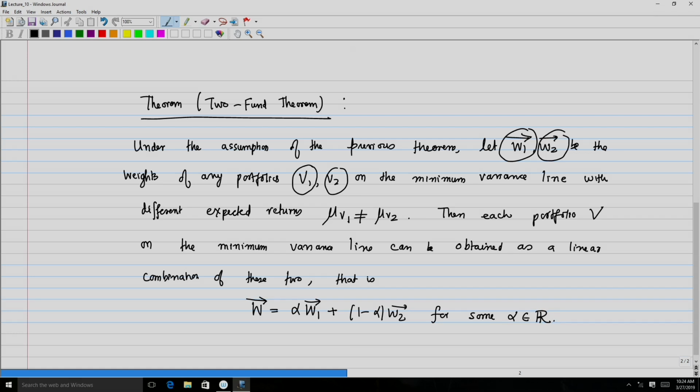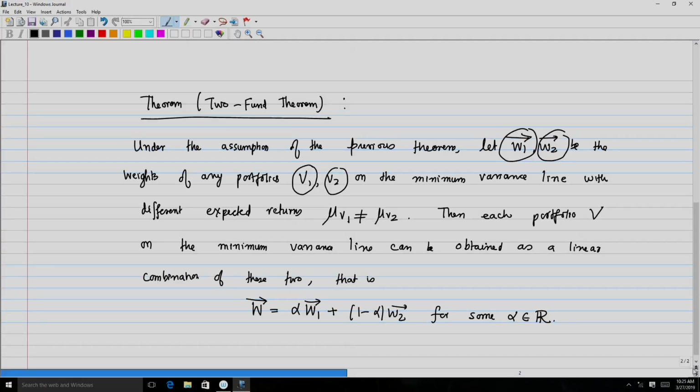So, this means that if I consider two portfolios V1 and V2 with the respective expected returns being denoted by mu V1 and mu V2, both of which are different from each other, and these two portfolios lie on the minimum variance line, then any portfolio on the minimum variance line can be written as a linear combination of these portfolios.